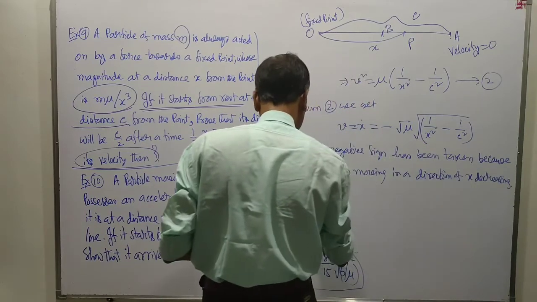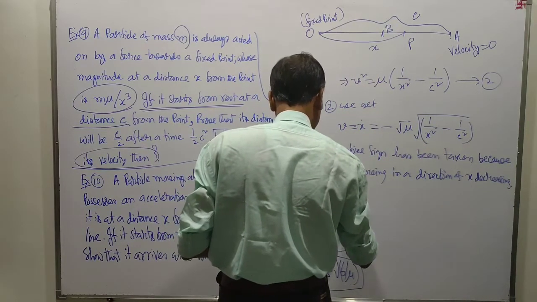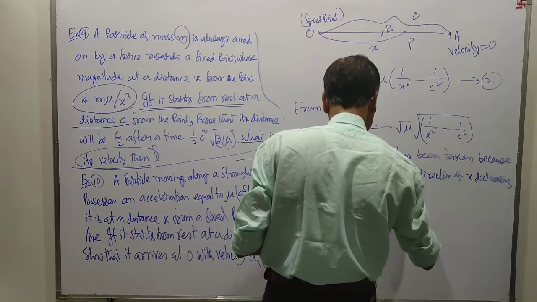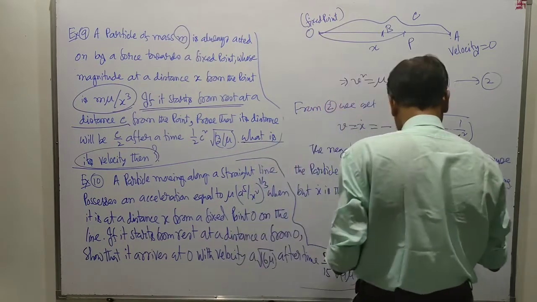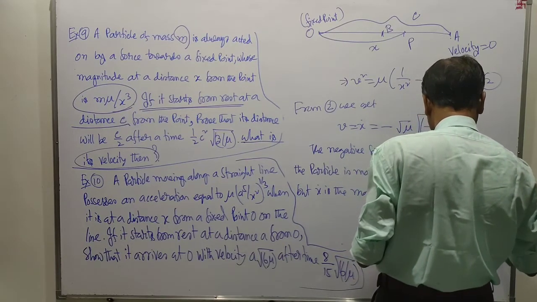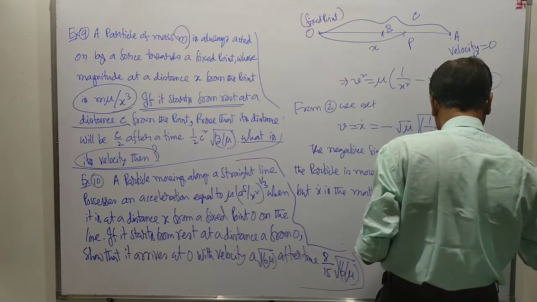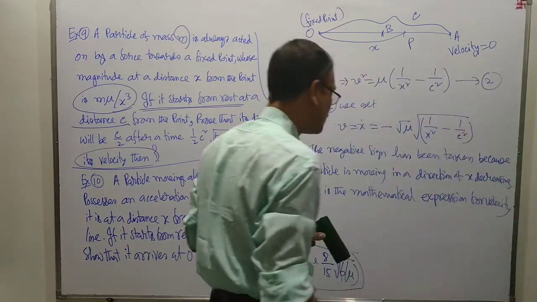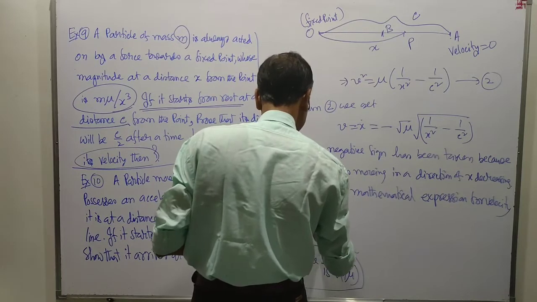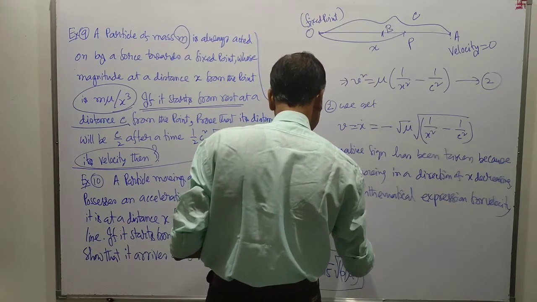But x dot is the mathematical expression for velocity in a direction of x increasing.